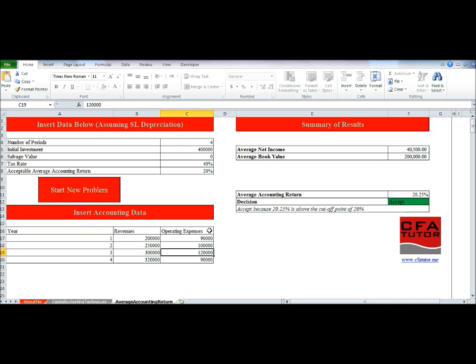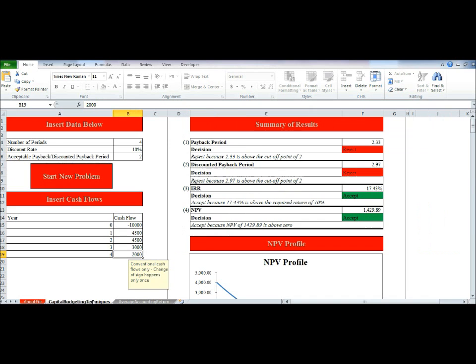Now, one thing before I conclude is that, especially for this topic, among all the other topics, it's quite important to see that you can use this Excel sheet not only to create new problems and do the math and confirm if you know how to calculate NPV or IRR, but it's quite interesting that this sheet can help you analyze some of the analytical questions.